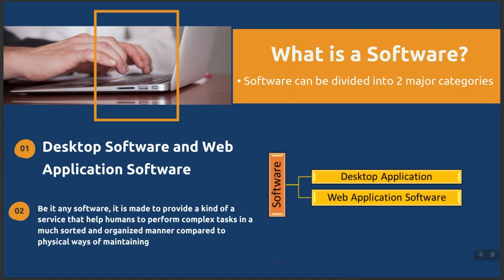Now, this web application software is the real bread and butter for a lot of software IT services companies, and a lot of businesses are running in web application software format only. Like Amazon is a web application software.